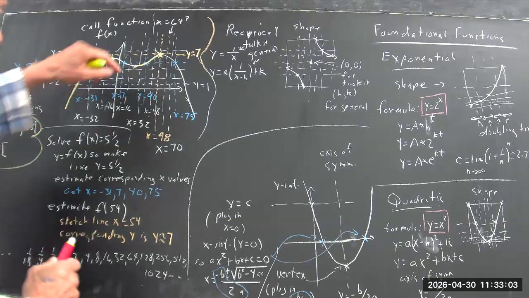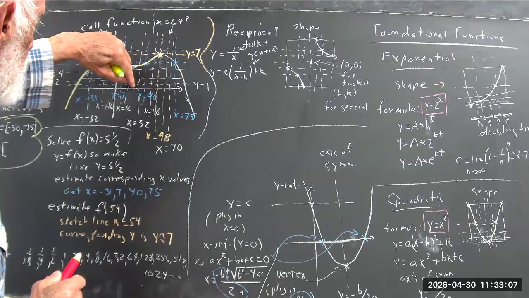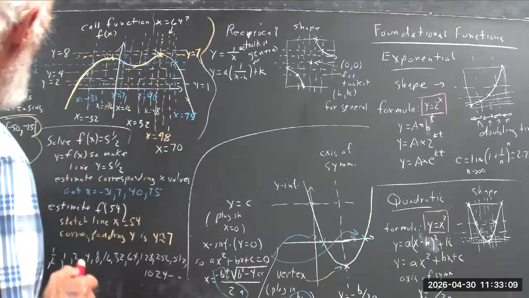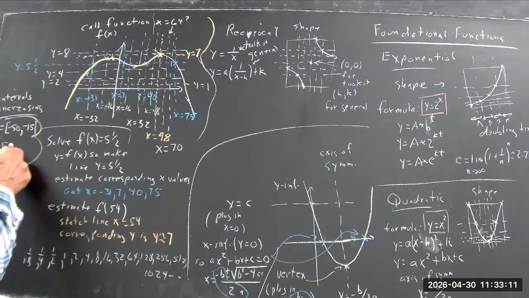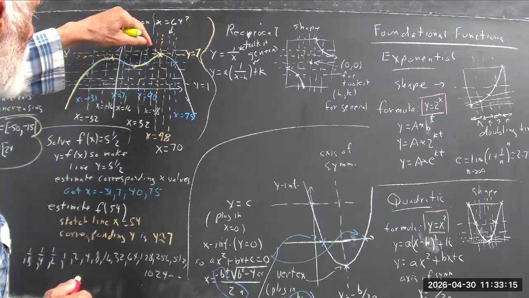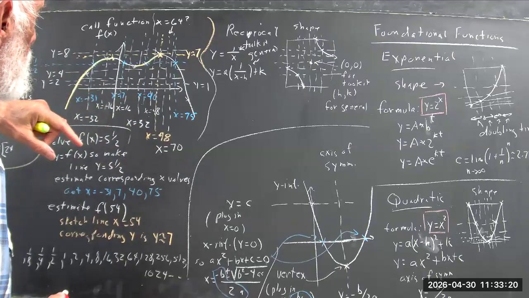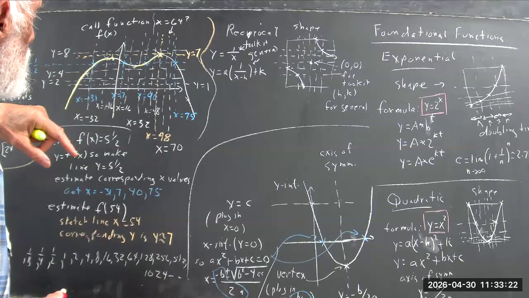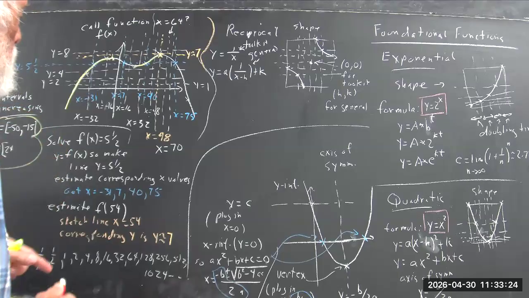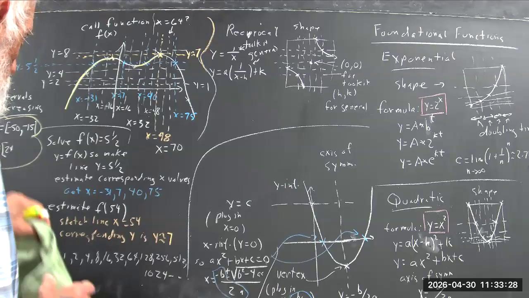And then x equals what here? It starts increasing here. That looks like about x equals 24, halfway between 16 and 32. And it looks like it stops increasing right here at x equals, and why did I write x equals 48 there?